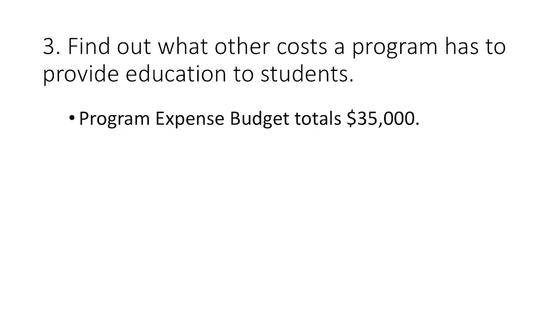Once we know the salary and benefits that go to instruction, we also then need to know what are the expense budgets for the department to provide instruction. Let's say this department has a very modest departmental budget of $35,000.